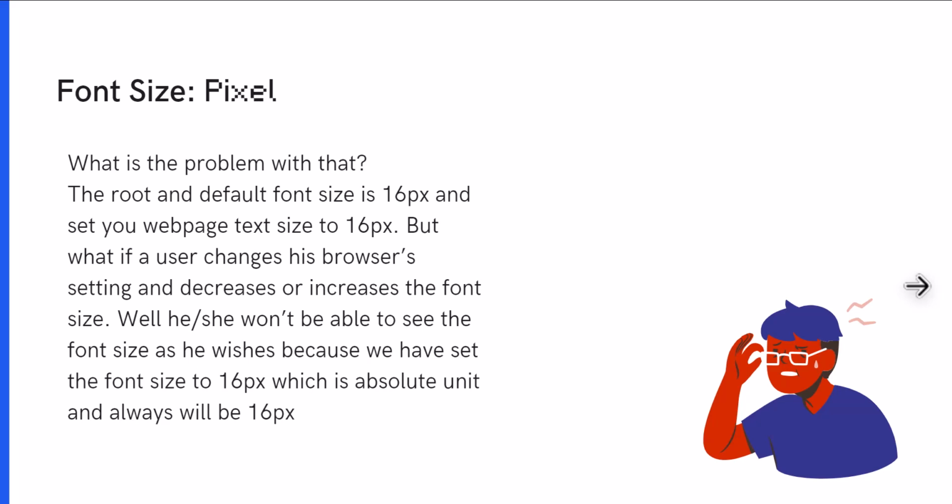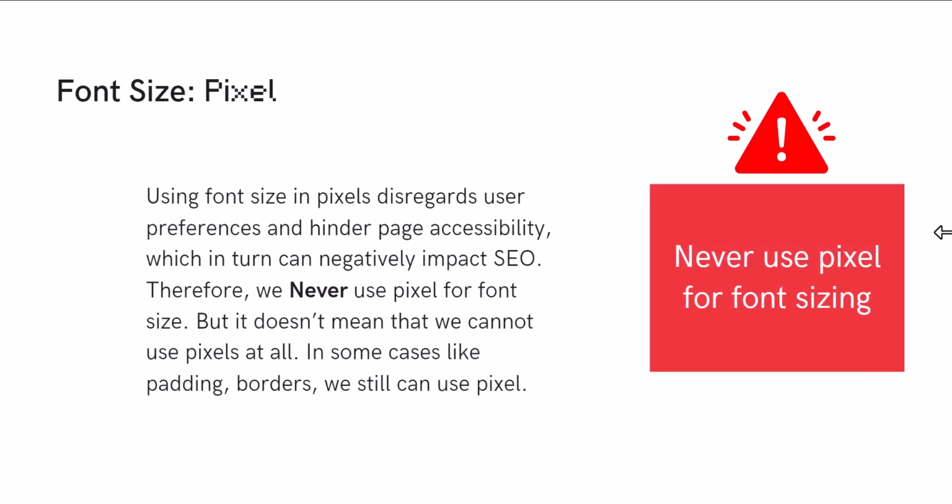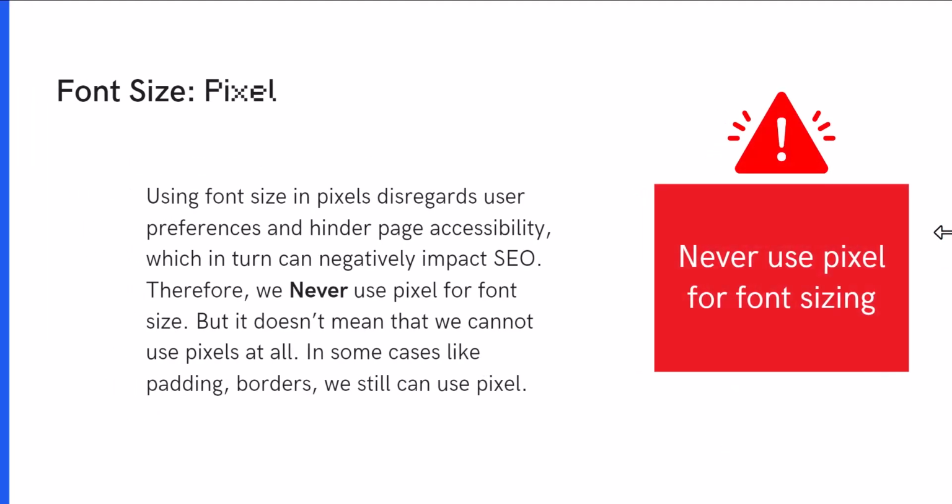Well, he or she won't be able to see the font size as they wish, because we have set the font size to 16 pixel, which is an absolute unit and always will be 16 pixel. Using font size in pixels disregards user preferences and hinders page accessibility, which in turn can negatively impact SEO. Therefore, we never use pixel for font size.